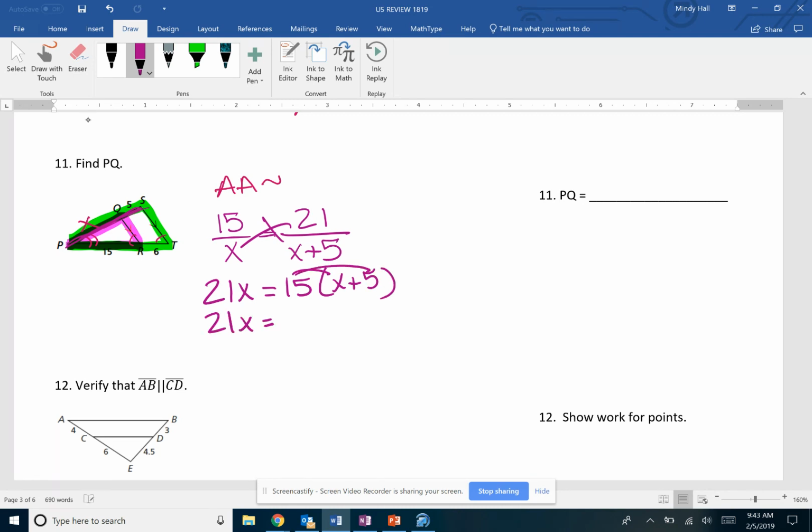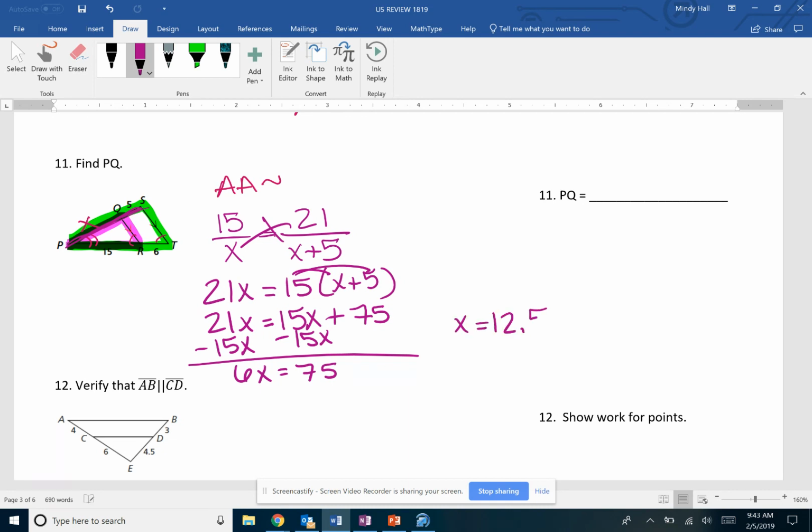Then when we distribute the 15, we get 15x plus 15 times 5 is 75. Then we want to subtract the 15x to get the x's by itself. So we'd have 6x equals 75. And 75 divided by 6, you get x equals 12.5. Because I made PQ be represented by x, I know that PQ is 12.5. And we don't have units, so we'll just leave it as 12.5.